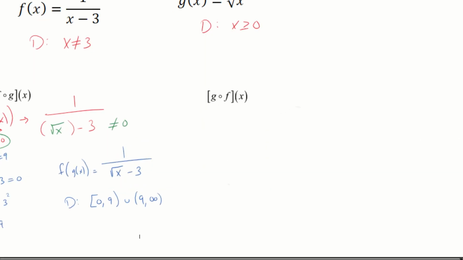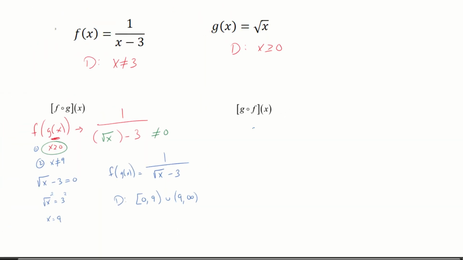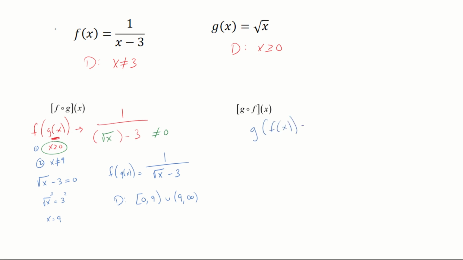And so then we have my composite function g of f of x. Function f brings its domain restriction, which is saying x cannot be 3. Then we go to our bigger function, which is the square root, and x is the only thing inside my square root function, so I'm going to leave it blank and replace x with function f, which is 1 over x minus 3.